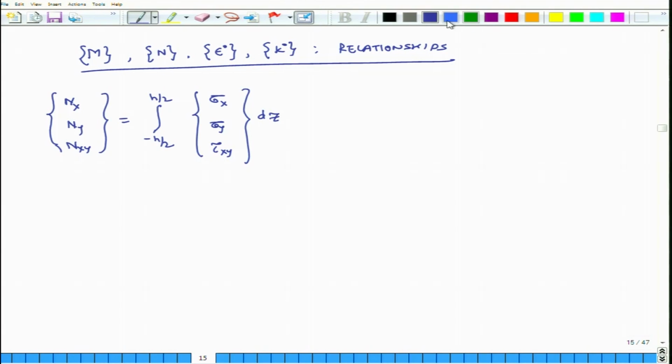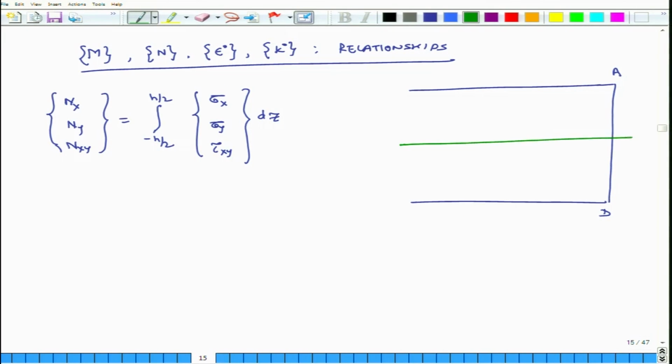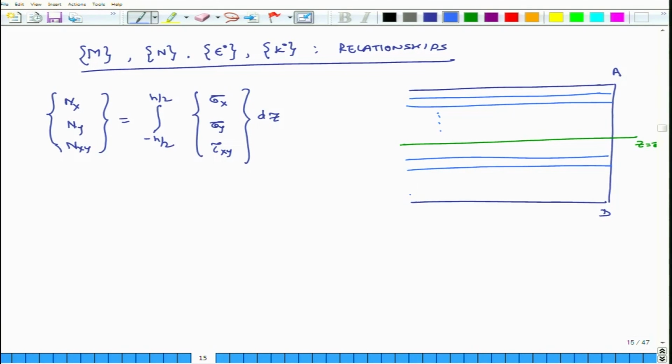Now, before we work on this further, we will develop a convention. Suppose I have a laminate, and this is my point A, this is my point D. The mid plane is located here. So, this is z equals 0 and let us say it has n different layers: layer 1, layer 2 and so on, this is the kth layer and this is the nth layer.